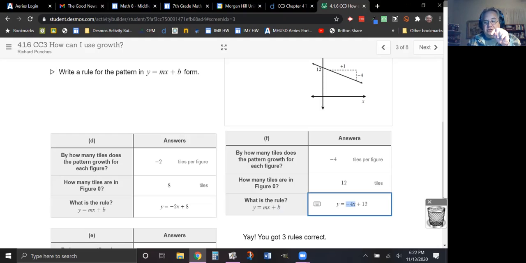As the figure number is changing, it is growing with that number. So the figure number x and the growth rate number, they're stuck together. The 12 is what happens at x equal to 0. If you put a 0 in here, wouldn't this whole term just disappear? And all you'd be left with is just the 12. So that's why 0, 12. 12 is the beginning point. It's called the y-intercept again.